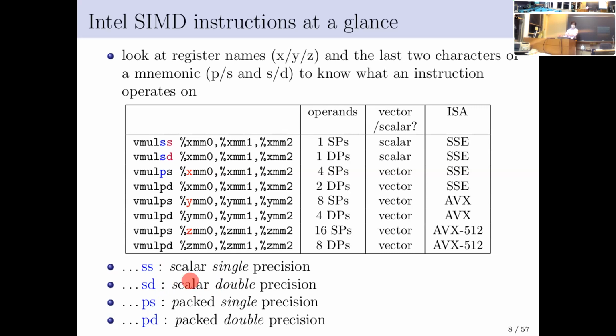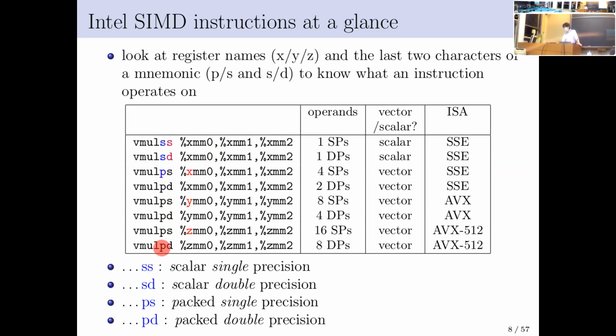There are actually other versions working on integers, but when it comes to floating point numbers, it is either S or D. They look very similar, but what actually happens is very different, in the sense of how many operations are done with a single instruction. These two instructions, SS and SD, take only one pair of operands. You are multiplying two values, so a pair of operands.